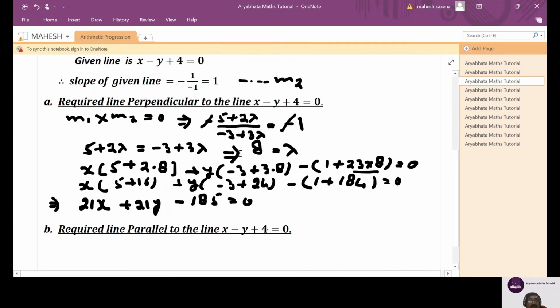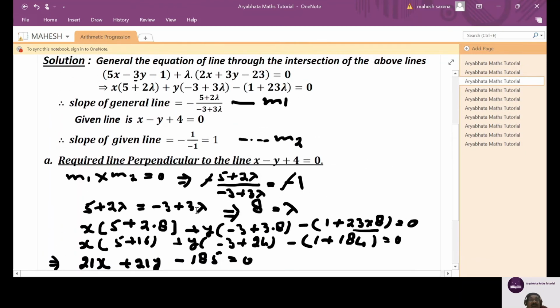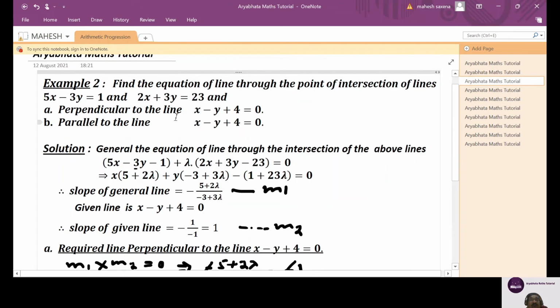It is the equation of the required line which is perpendicular to this one and passes through the intersection of these two lines.